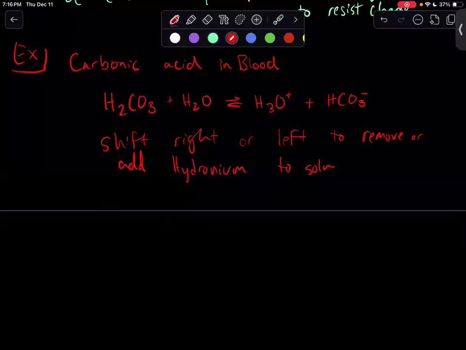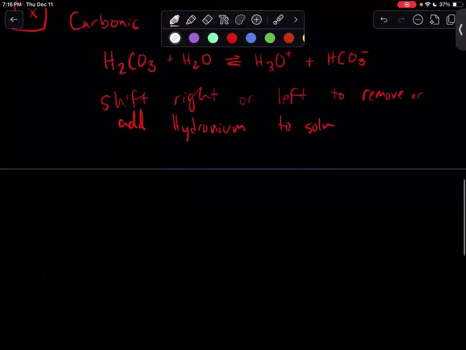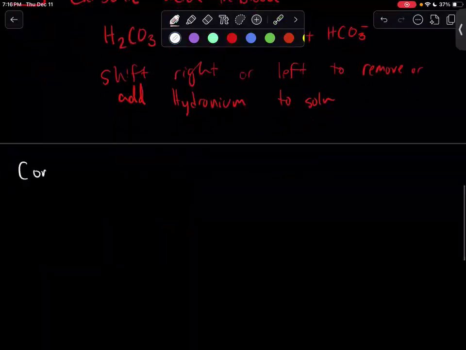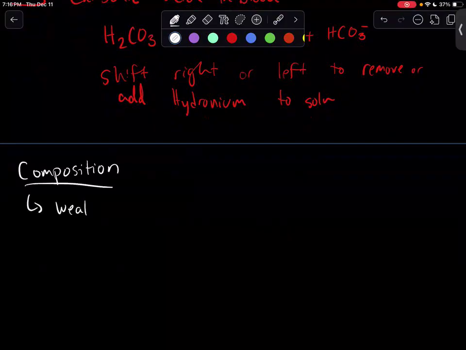So when we look at buffers, what actually makes them? We'll take a moment to look at their composition, as well as how to make a buffer. So these are based on weak acids or bases. And we know that weak acids and bases partially deionize or dissociate. And that's the key thing.